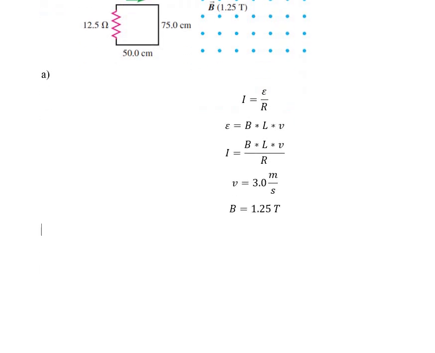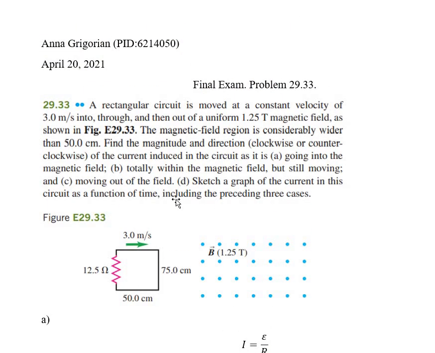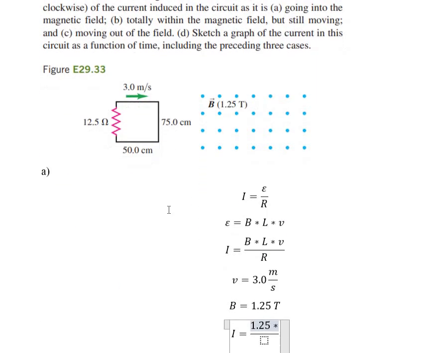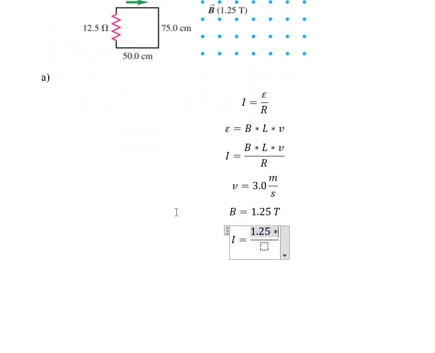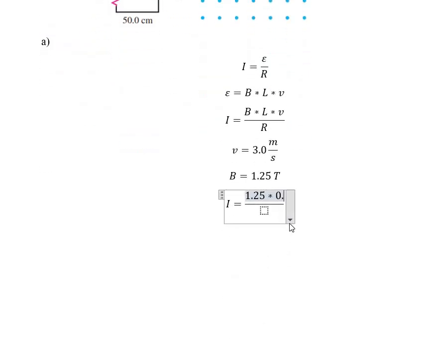So using this given information and the formulas that we just defined, we can calculate the current, and it's going to be equal to 1.25 multiplied by L, which we also have, which is 75 centimeters. And it's the same as 0.75 meters multiplied by 3.0.